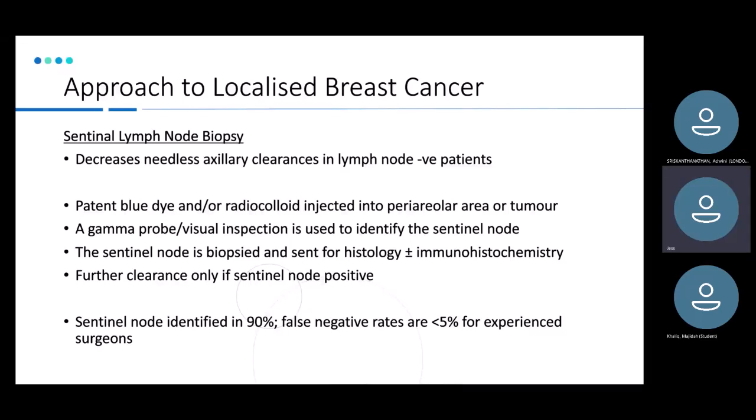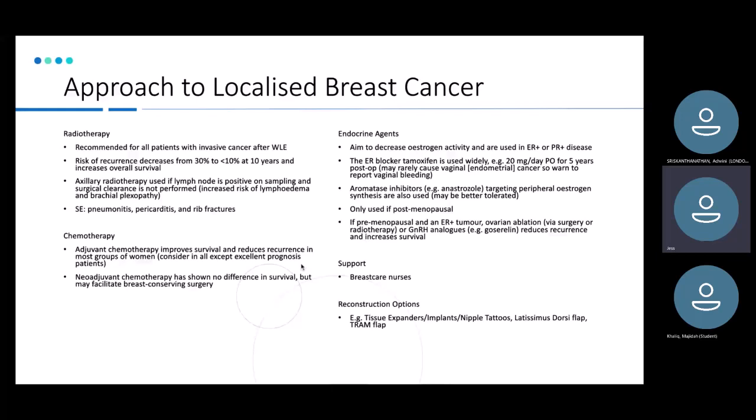Then in terms of other things that you do for breast cancer, radiotherapy is common, and often anyone with a wide local excision or even mastectomy will get it. It can cause things like pneumonitis, pericarditis, and rib fractures, and it can also cause scarring and an unfavorable appearance of where the breast has been removed.